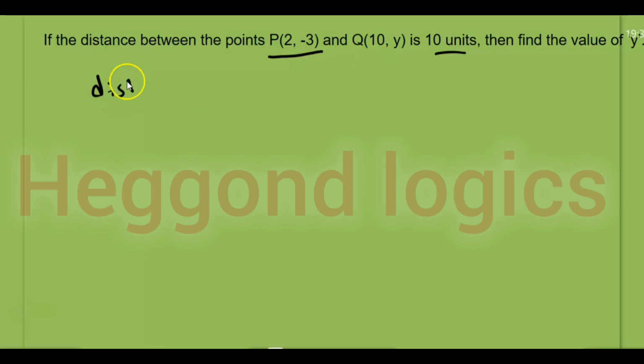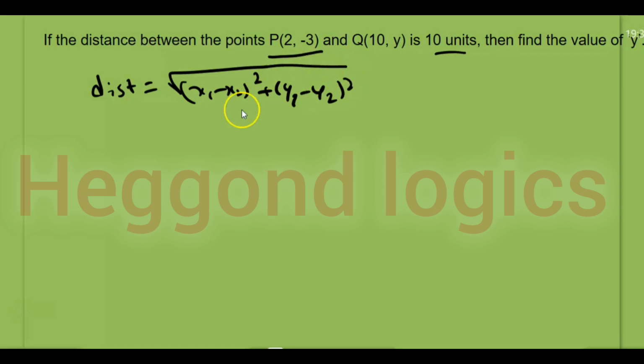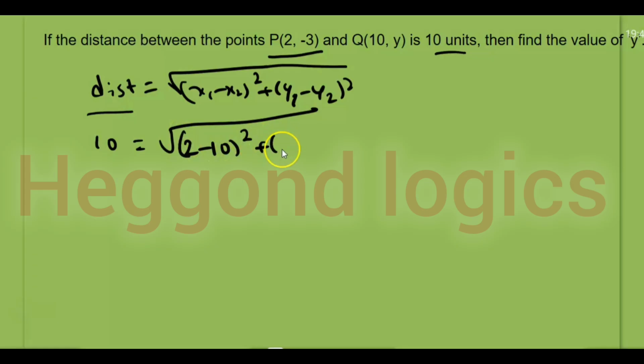Distance is equal to square root of (x1 minus x2) whole square plus (y1 minus y2) whole square. Now the distance is given, that is 10 units, and square root of x1 is 2 minus 10 whole square plus y1 is minus 3 minus y whole square.